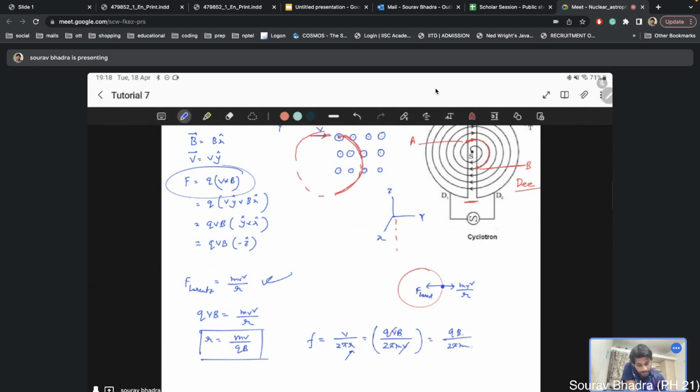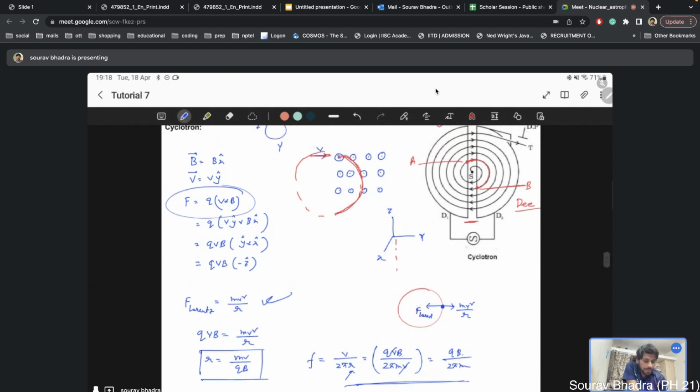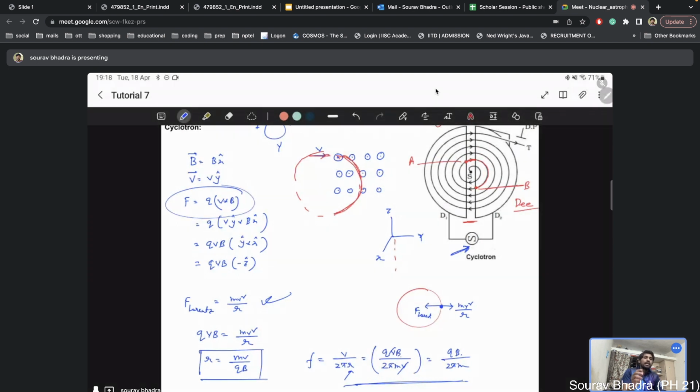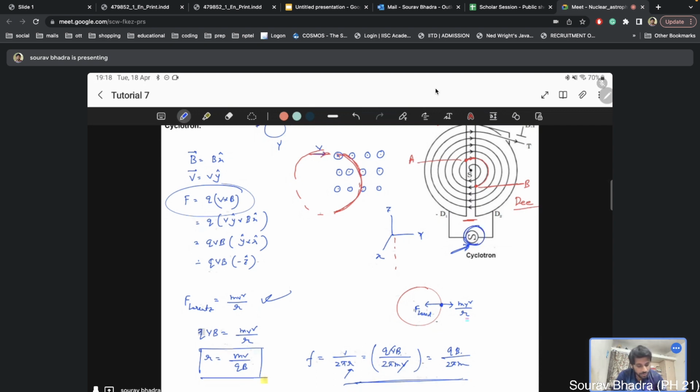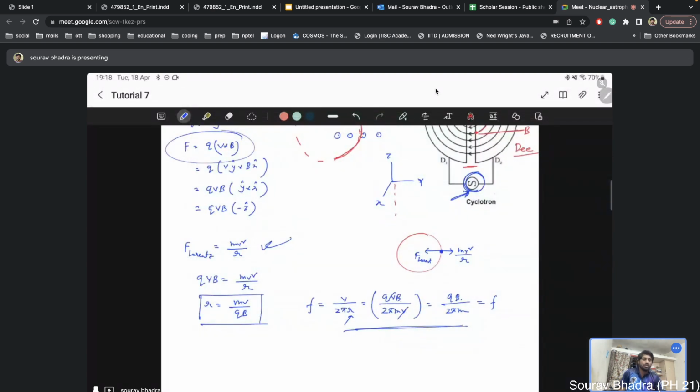This is very important. This is the frequency of the particle, and as I was telling you, this RF oscillator acts in such a way that whenever the particle comes out of any D, it will feel an acceleration towards the other D, and this happens only when the frequency of this particular oscillator is equal to this f. This is the condition of resonance.